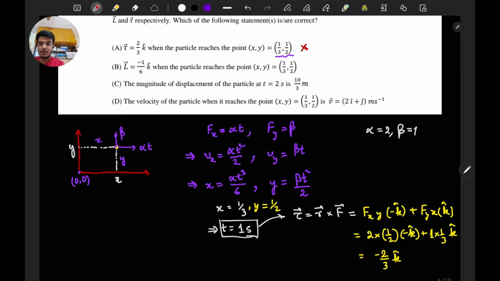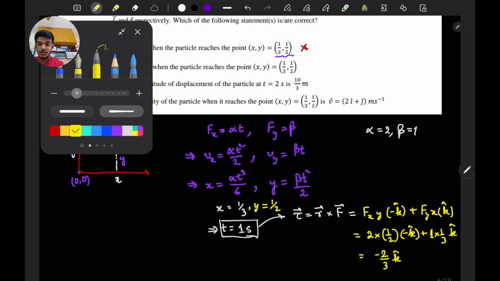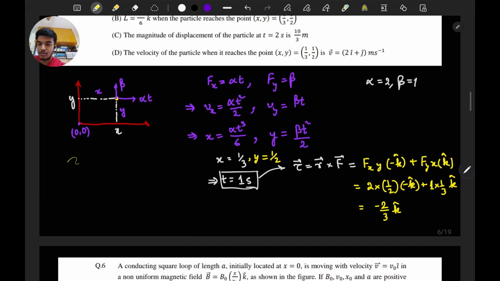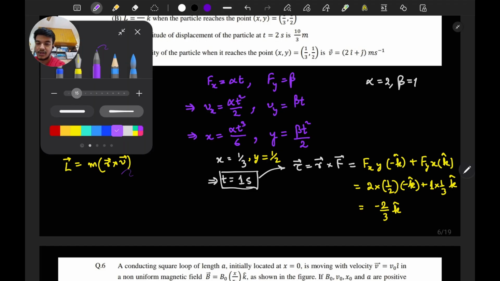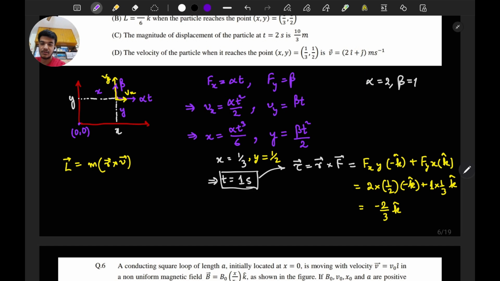And now let us find angular momentum. Okay, we all know what angular momentum is. Angular momentum is m r cross v, right? Now we can write that vx is also in this direction, and this is vy. Similarly, just as we wrote the force, we have the components of velocity and acceleration as well.